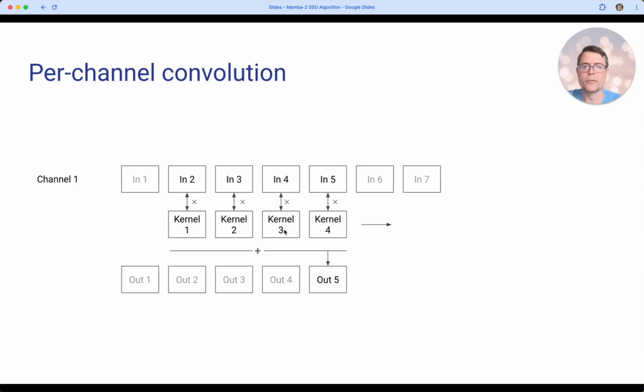You multiply each of those by a learned kernel, you add them together, and that's the actual token that you send into the SSD algorithm. And so there's a little bit of gathering useful information from your local context.